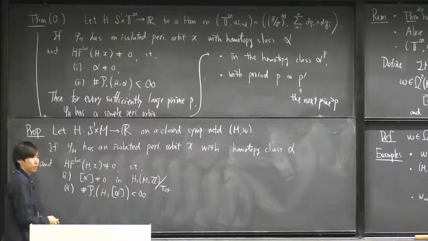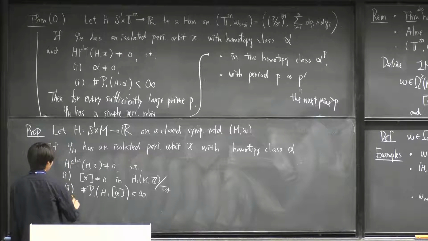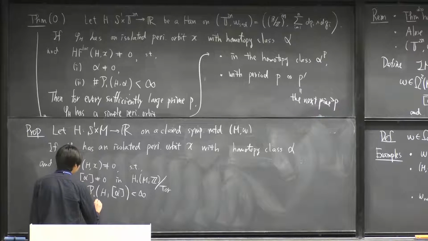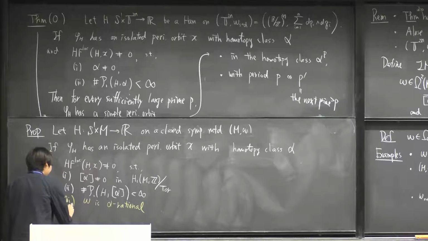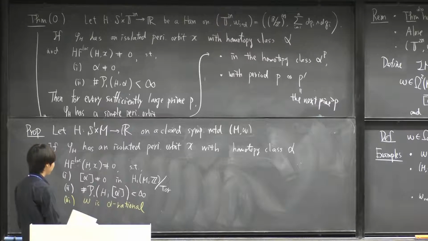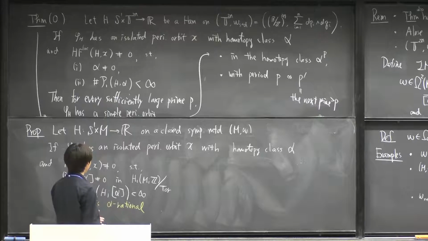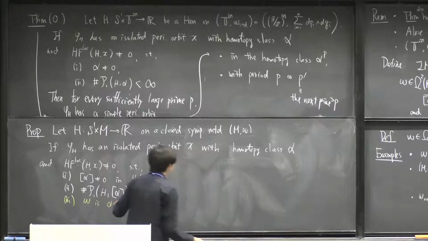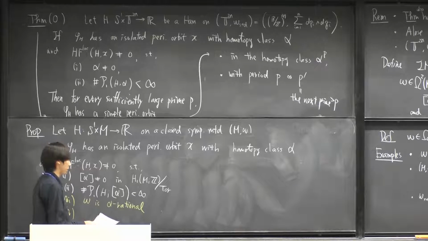And the third and fourth conditions are different from the main theorem. The third one is omega is alpha-rational. In fact, this third condition is not so restrictive, because every atoroidal and toroidal monotone manifold satisfies this condition. So not so bad, but the fourth condition is rather restrictive.